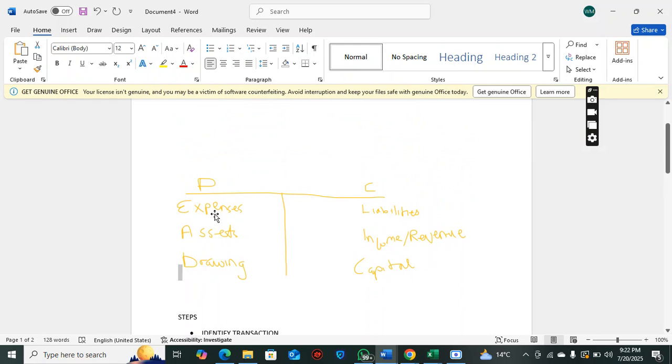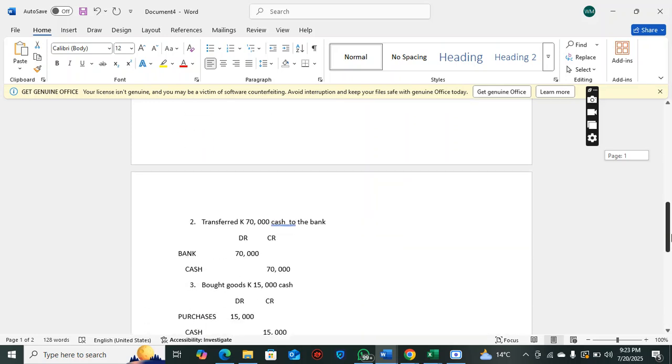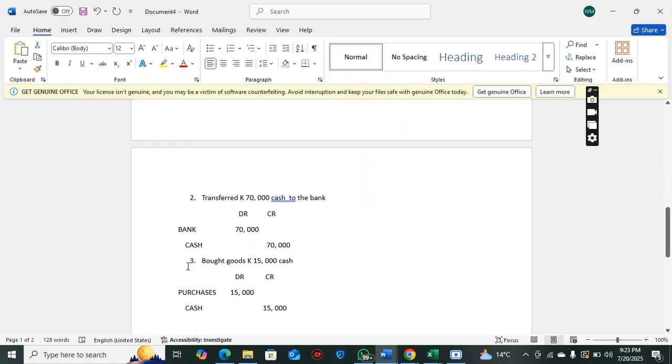Cash is an asset. Since we're paying out money, decrease in an asset, you credit. So we're going to debit purchases expense, and then we're going to credit cash as I've done here. Any questions, queries?